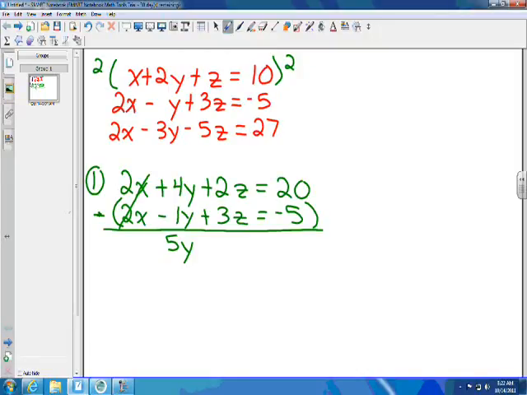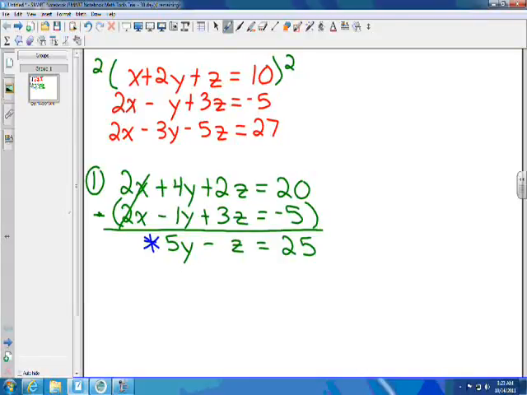And then 2 minus 3 would be negative 1z. And 20 minus negative 5 would be what? 25. So this is your first new equation. Okay? That's your first new equation.